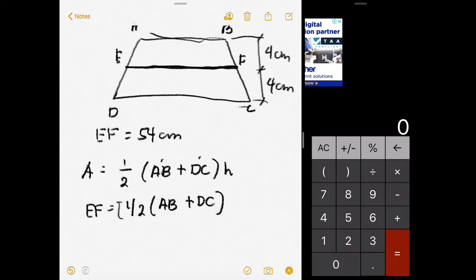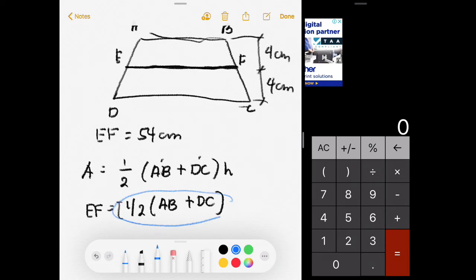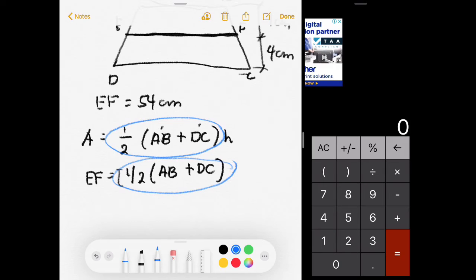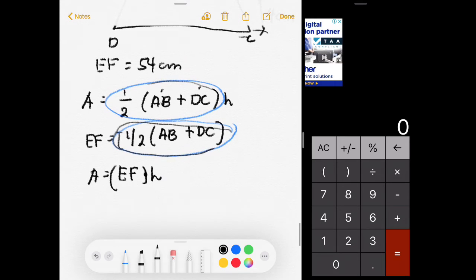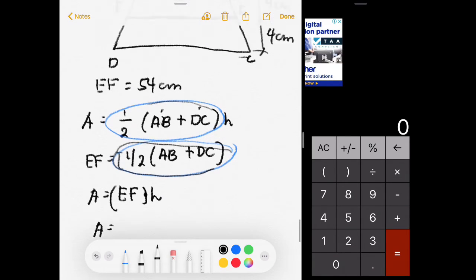Ito siya, ito rin si EF. So, pwede mo siya makalculate as A equals to EF times height. Again, sinubstitute natin. Kaya, pwede natin gamitin yung formula na 'to. So, area equals, ang EF niya ay 54.